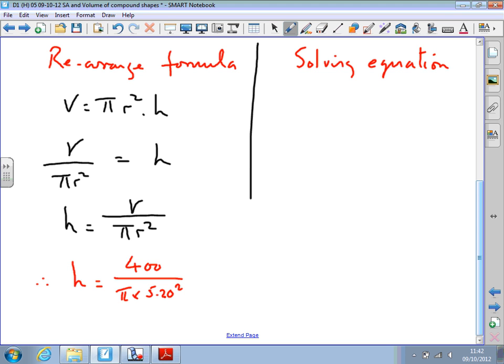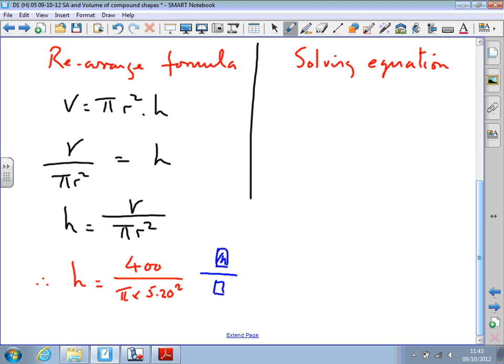And that's what I'd key into the calculator. I would use the fraction button on the calculator, and I'd put the 400 on the top and the pi r squared underneath, pi times the radius squared. And I'd get the height. Okay? That's one way to do it.